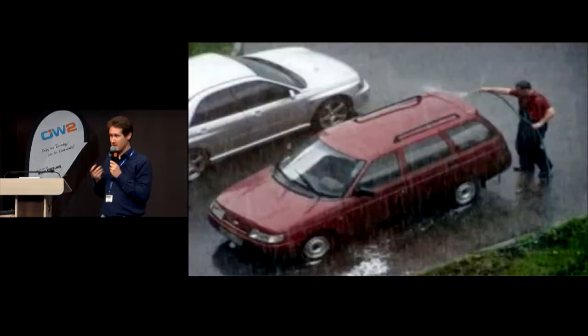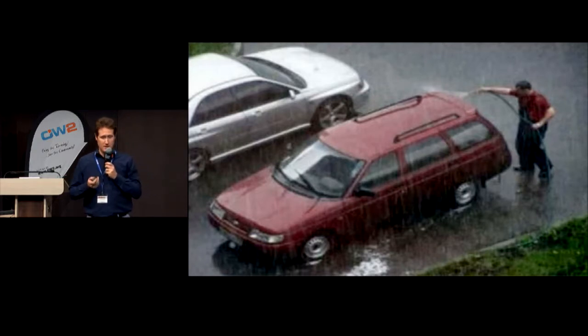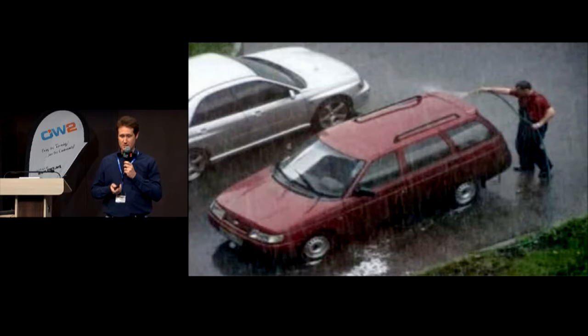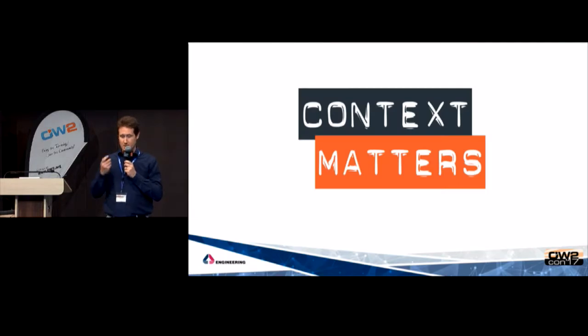The meaning of being context aware is provided by this slide. This guy is washing his car while it's raining, and of course it doesn't make much sense. So context matters. The application should be context aware.